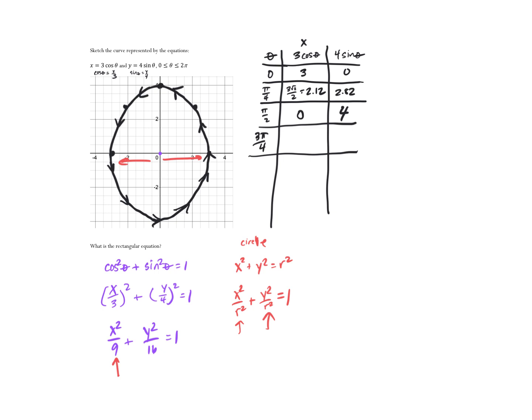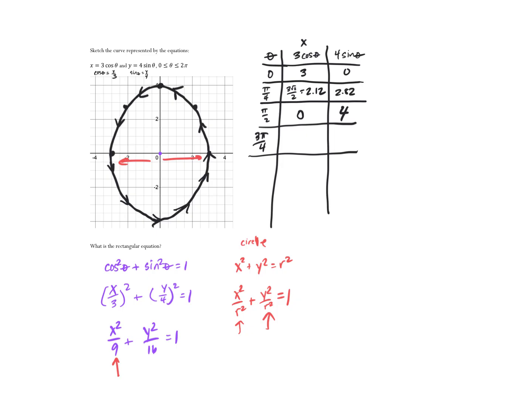Why can't we just do 0? Oh, you could probably get away with 0. Hold on. Yeah, you can get away with 0.